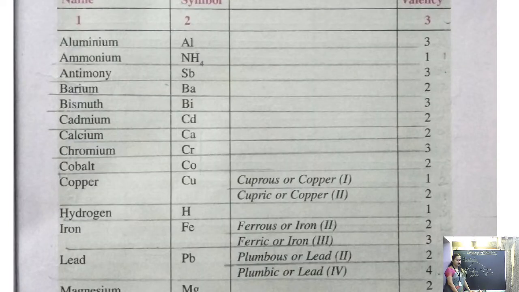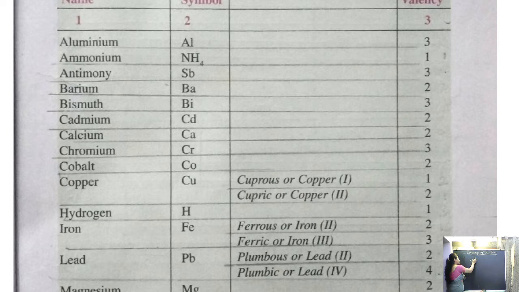Okay, so let's see what about aluminium. Aluminium can be written as Al+3 because aluminium has a capacity to remove 3 electrons. If we are adding a plus, it means we are removing electrons.